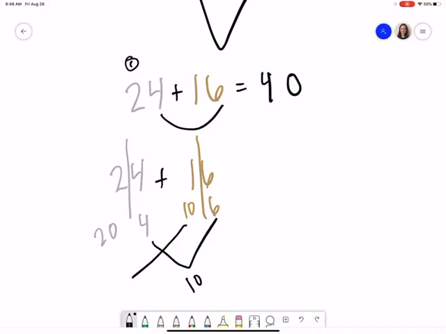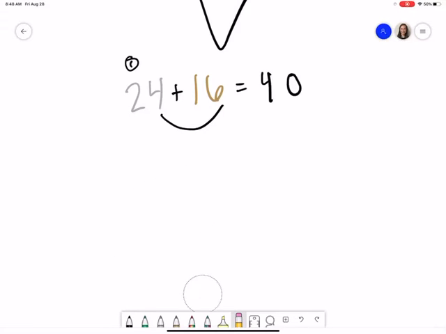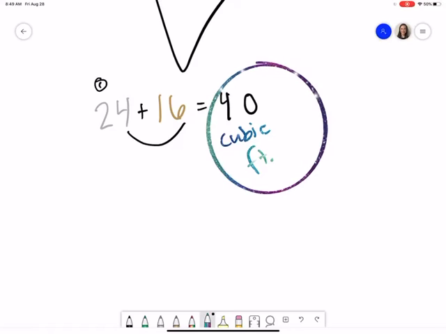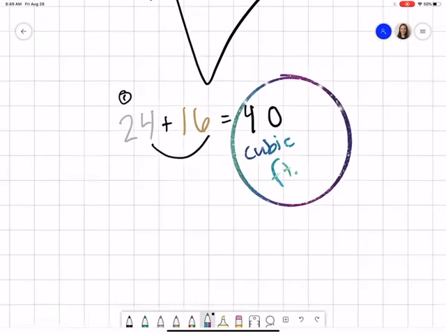And 20 plus 10 is 30. I know that 30 plus 10 is 40. Okay? So our total is going to be 40 cubic feet. 40 cubic feet is our total for those 2 suitcases.